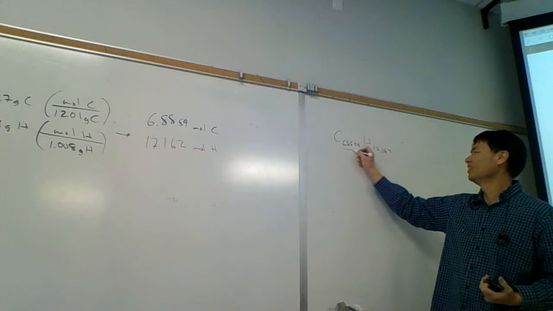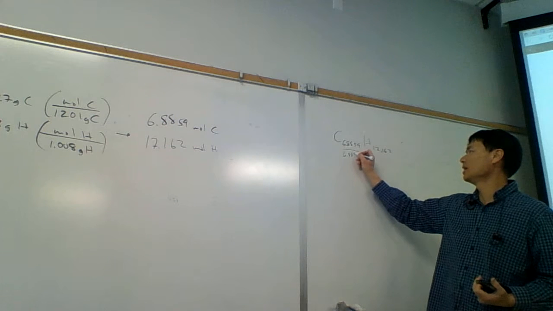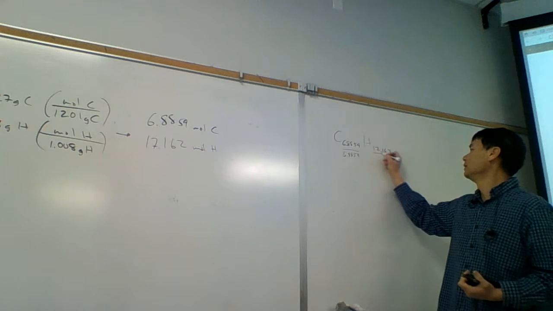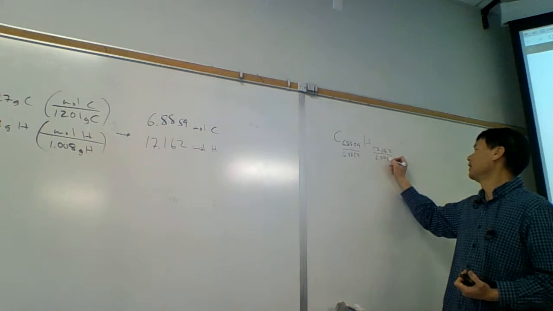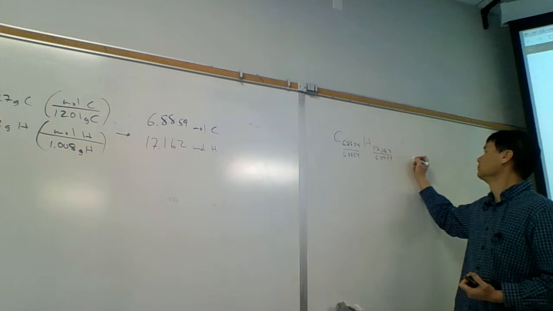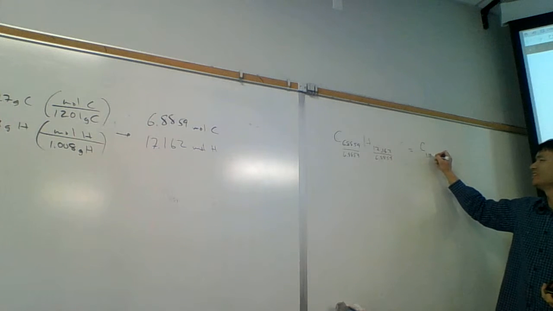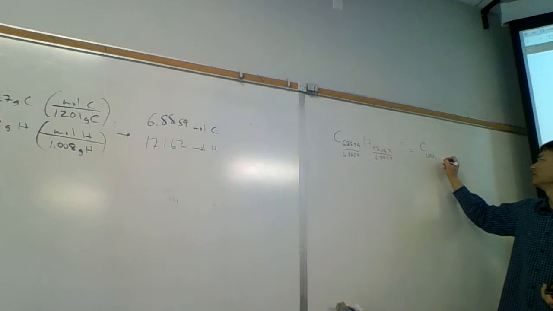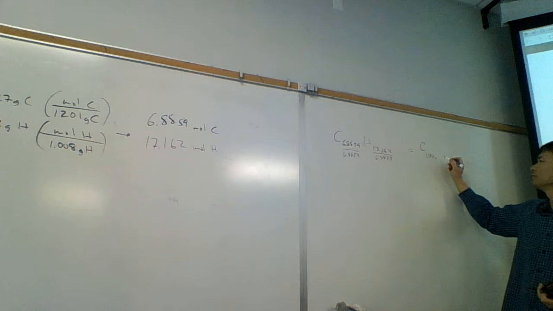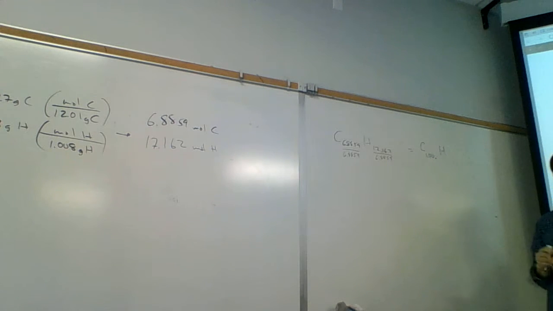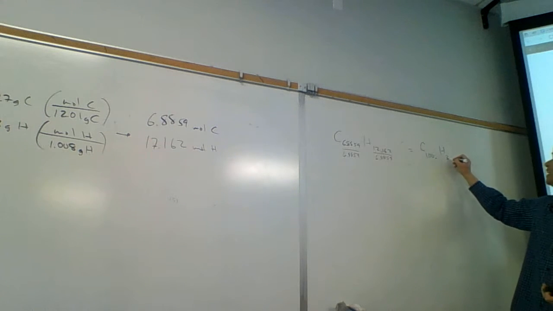We'll divide by the smallest, 6.8859. So what does that equal? Carbon's going to be 1.00. We're only allowed 3 sig figs, so 1.00. Hydrogen, 17.162 divided by 6.8859 is 2.490.